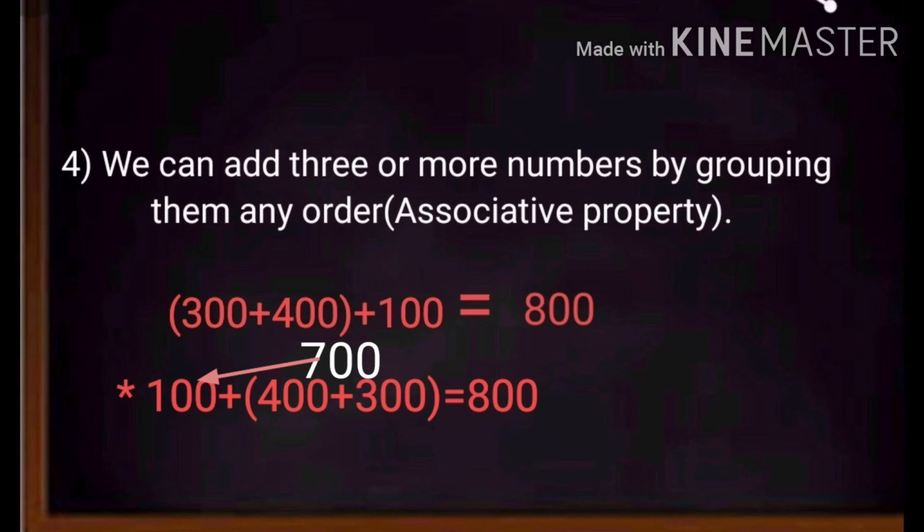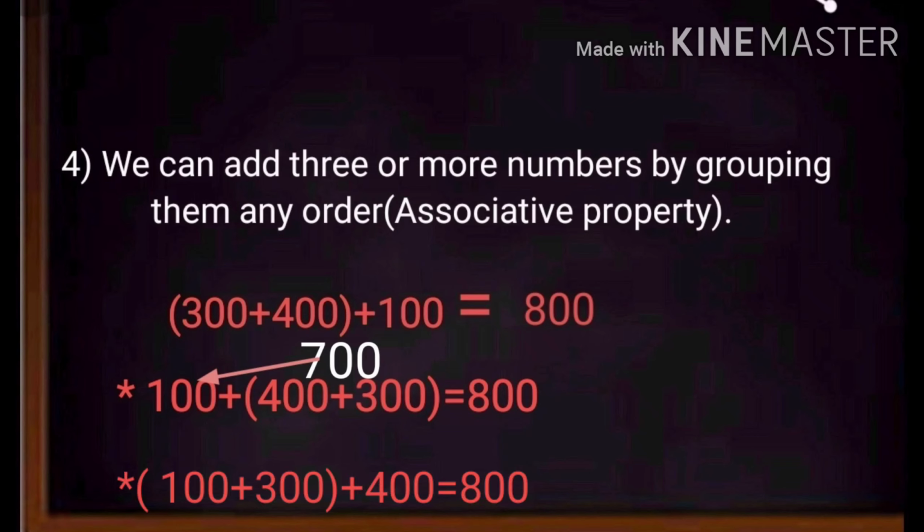And the third way is that we group the numbers as given. First we add 100 plus 300. We get the sum as 400. Then we add 400 plus 400, we get 800. In all the cases we got the same answer.